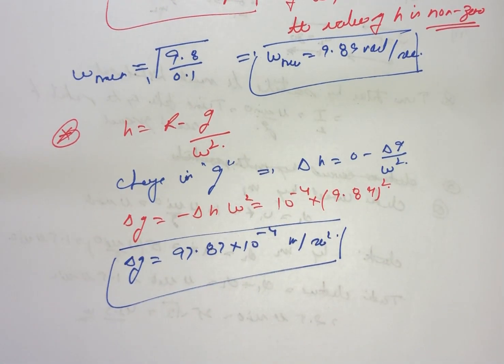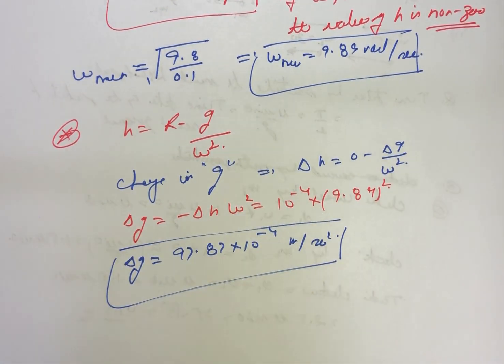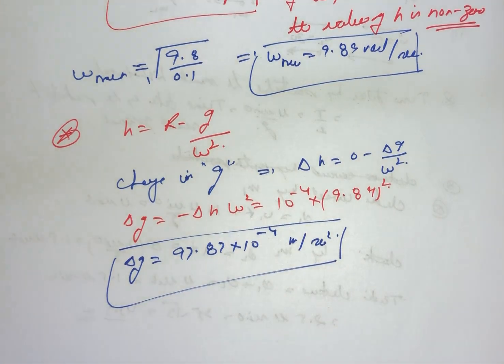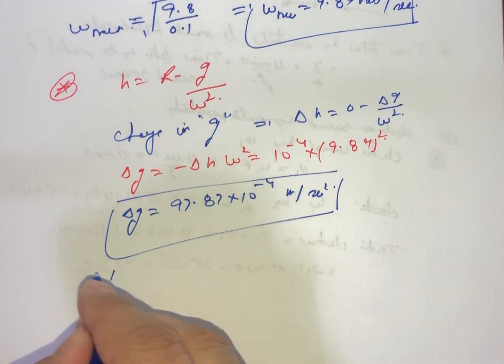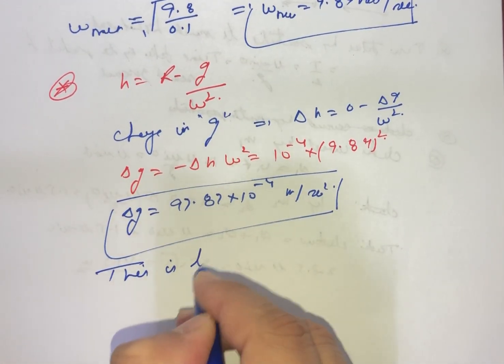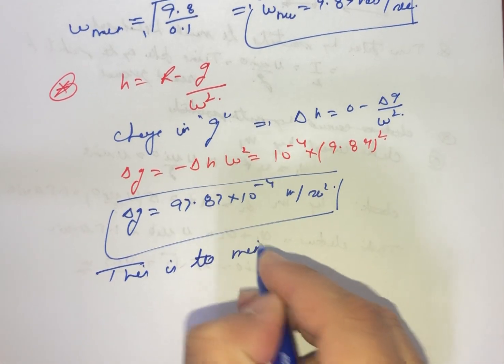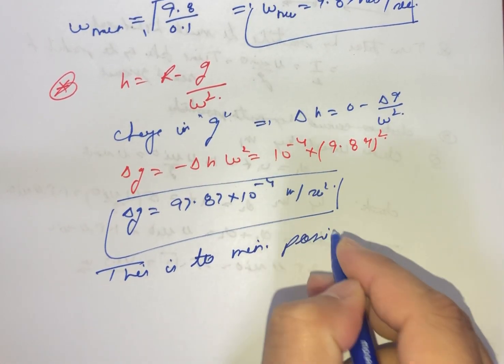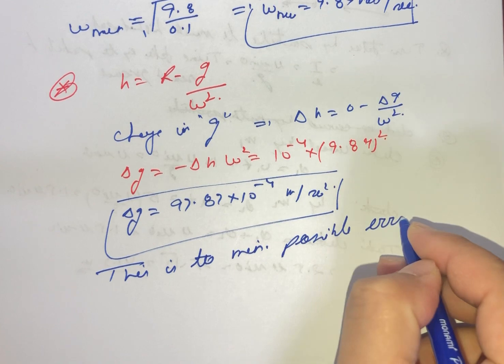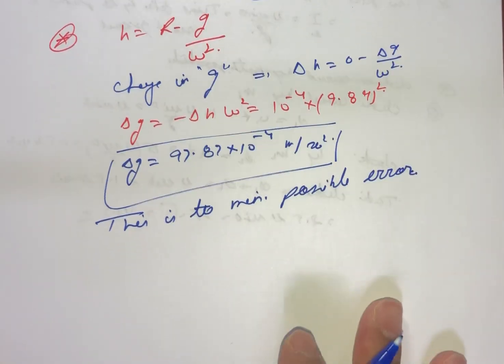So this is the minimum possible error in the measured value of g.